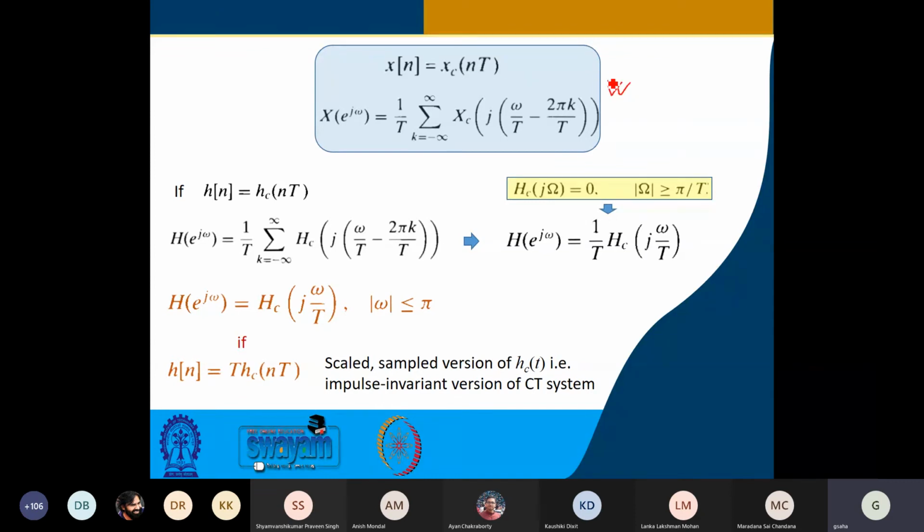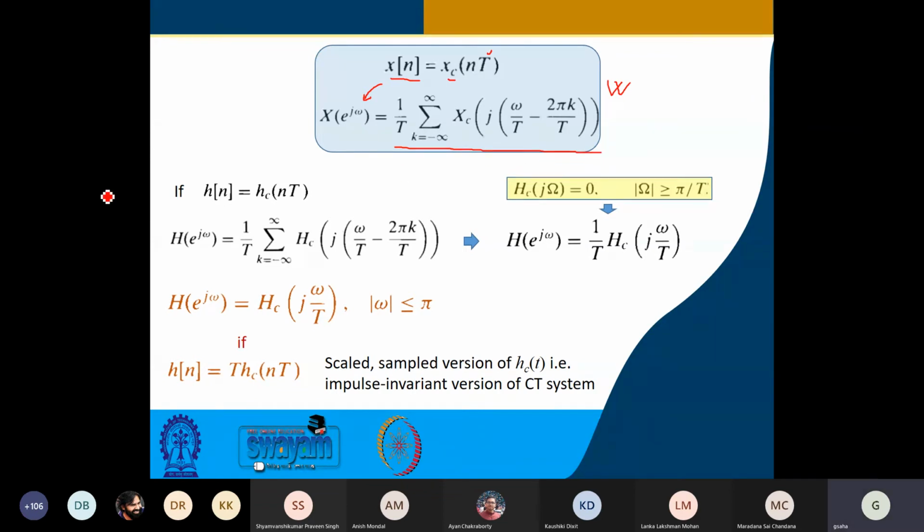If a continuous time signal x_c(t) is sampled at time interval T to generate samples x[n] = x_c(nT), with n equal to 0, 1, 2, 3, and so on, then the corresponding DTFT X(e^jω) can be written in this manner.